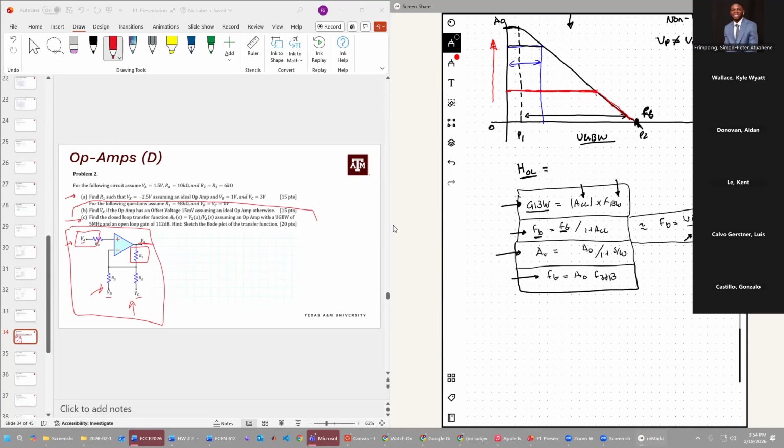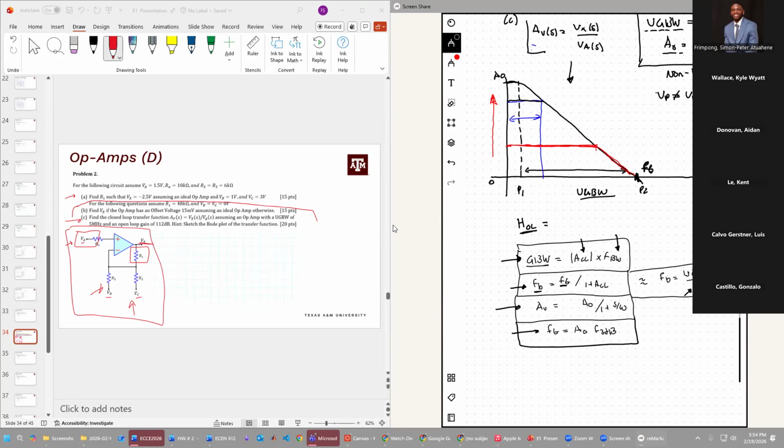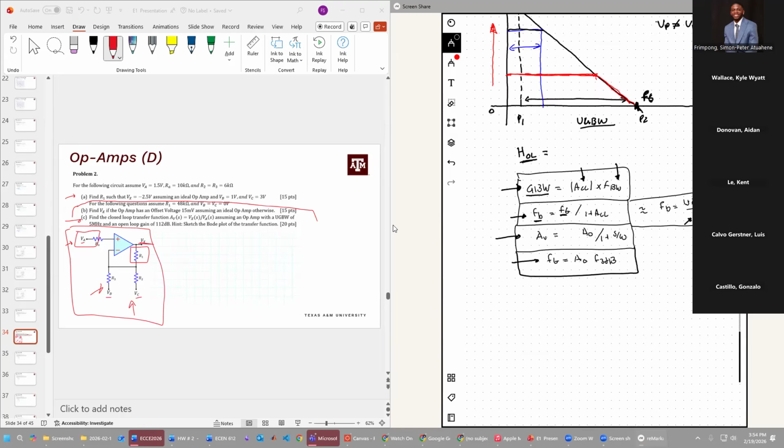So to start, one approach that I'm gonna take, I'm going to derive the closed loop transfer function from scratch, and show you guys what that approach is, how you do it, and then fill in the gaps from there. So I'm redrawing the circuit, like so.